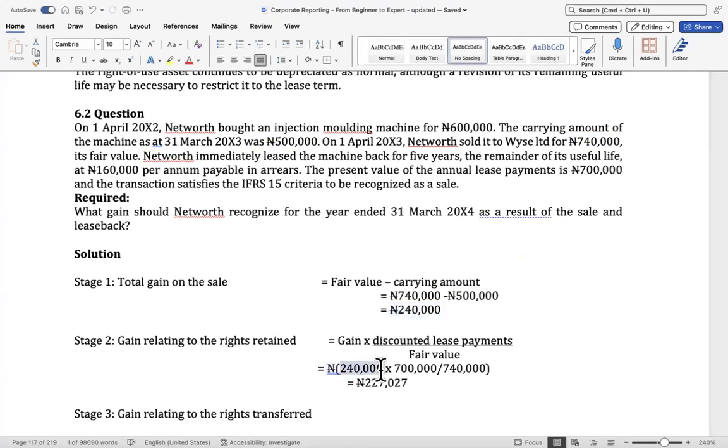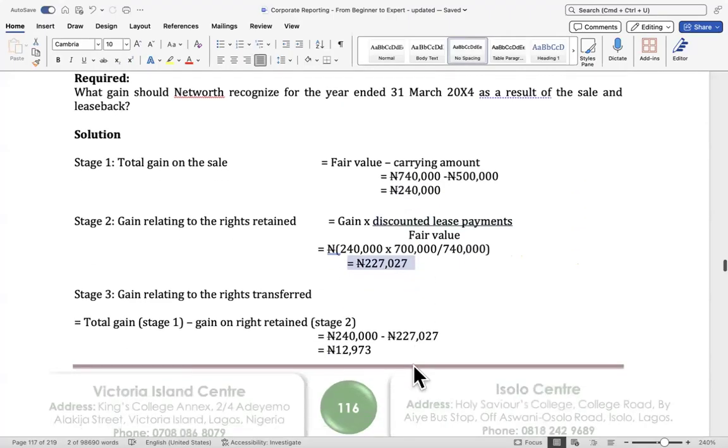So it's going to be this 240, prorated by looking at the discounted lease payment, which they gave us as 700, all upon the fair value, which is 740. So this 227.027 cannot be recognized as your gain. So we remove it.